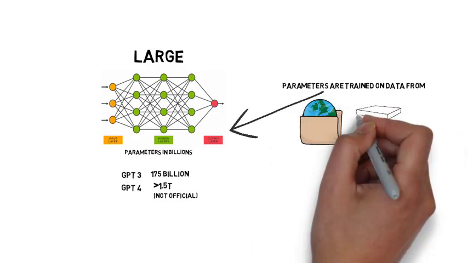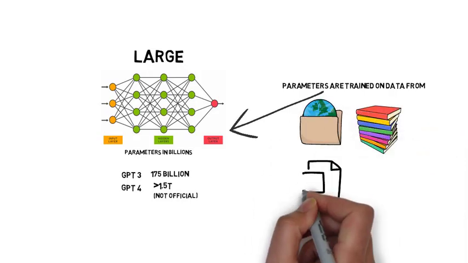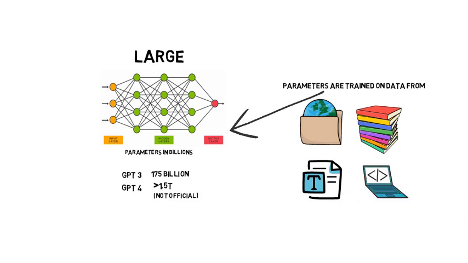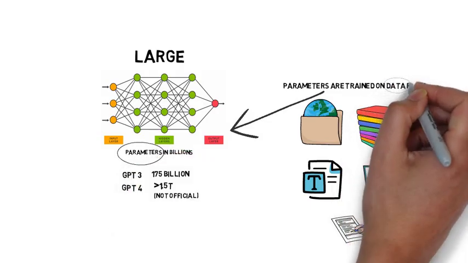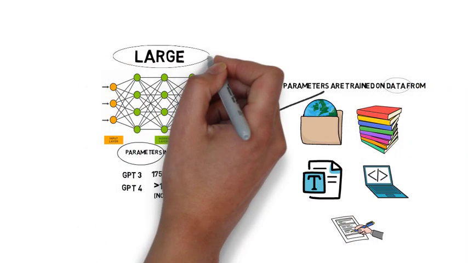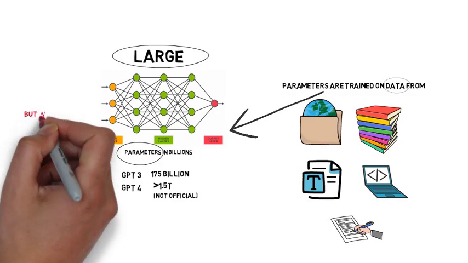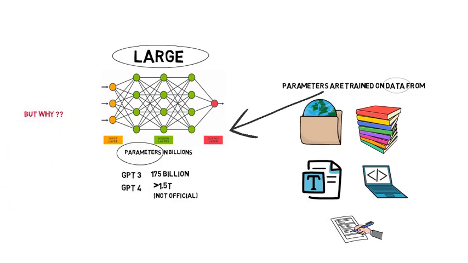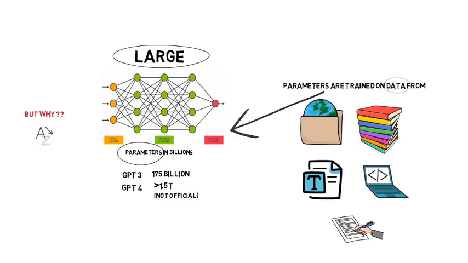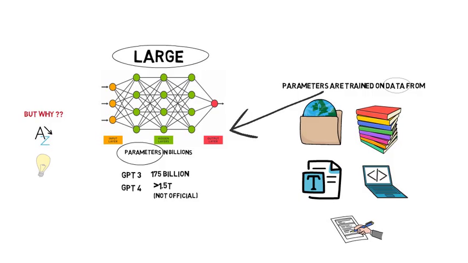This data is collected from public websites, books, articles, code repositories, and other written materials. So large number of parameters getting trained on large amounts of data, hence large. The reason why these models are trained on such massive volumes of data is to give them a wide variety of language patterns, topics, and writing styles.